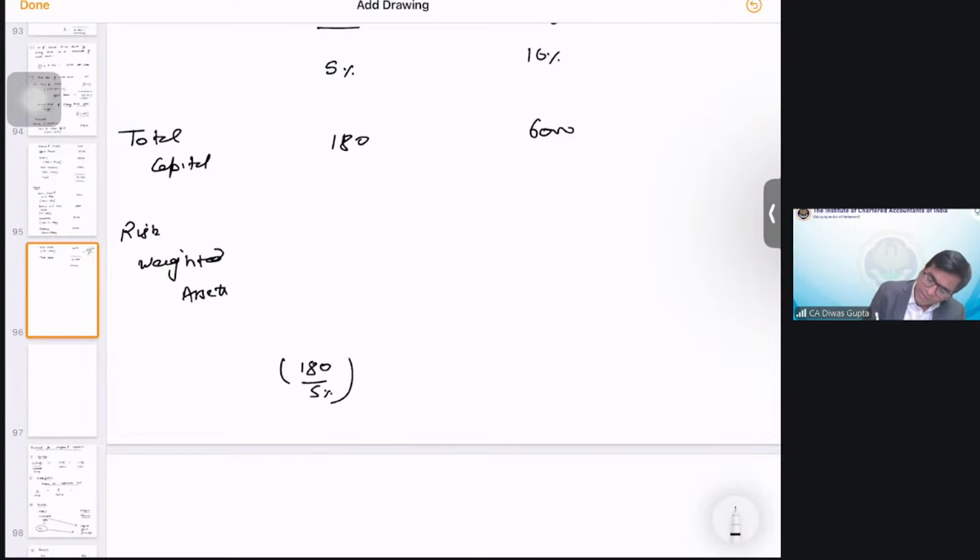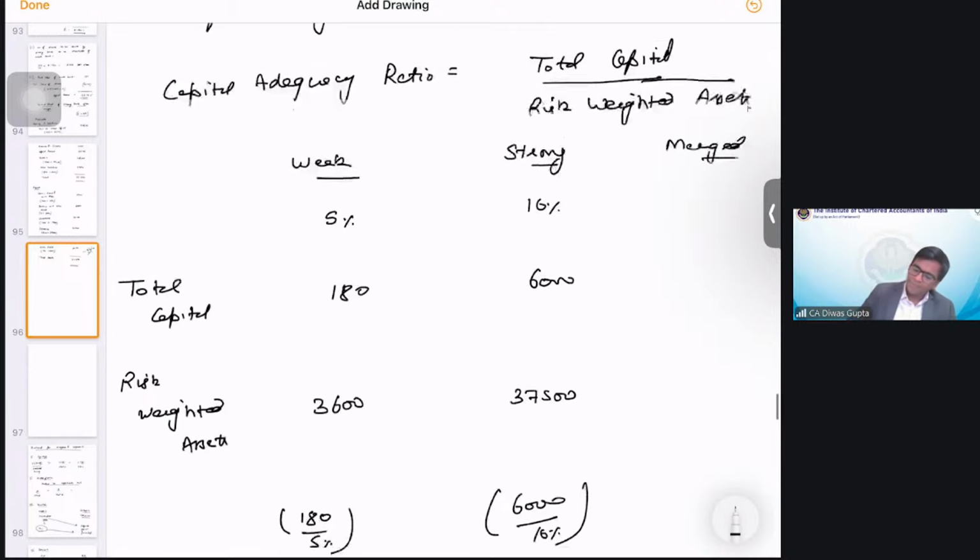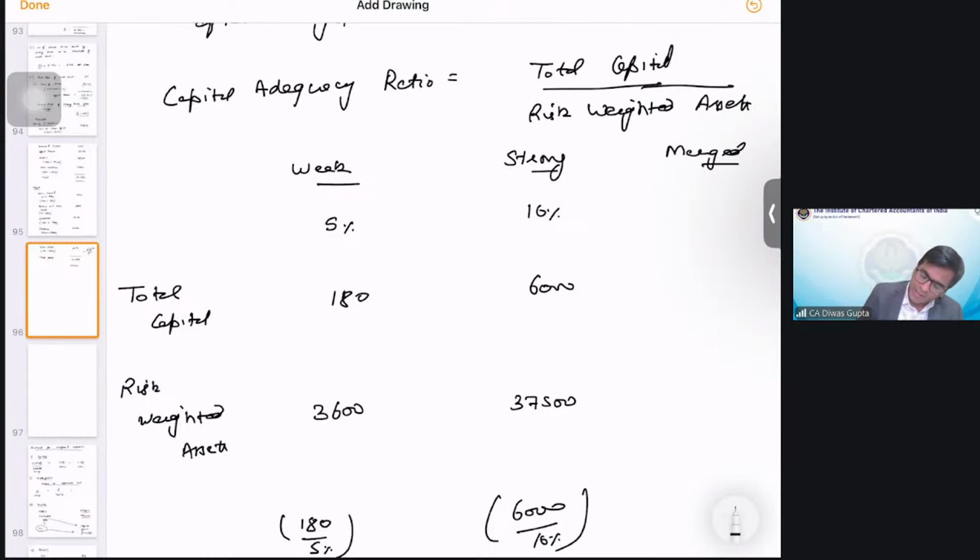That is 3600. And similarly here it will be 6000 divided by 16%. So this will be 37,500. And then the merged entity capital is something that we will recompute.